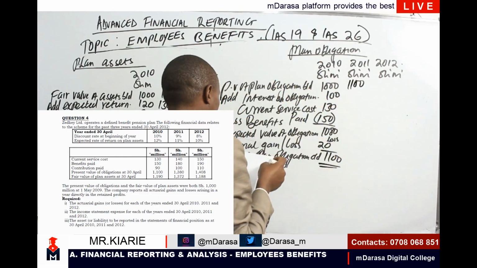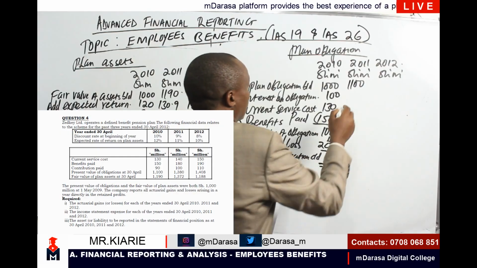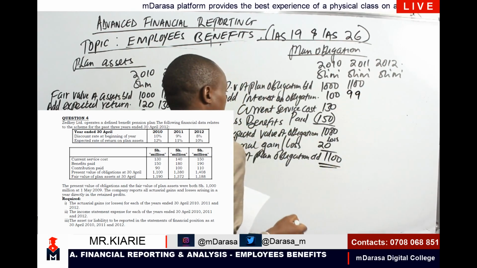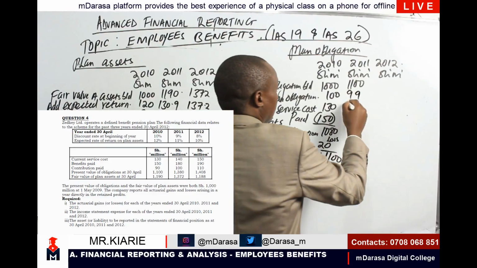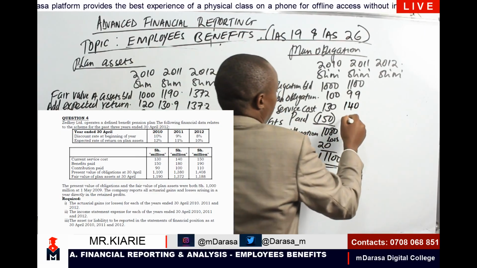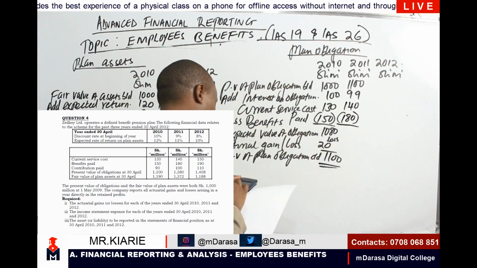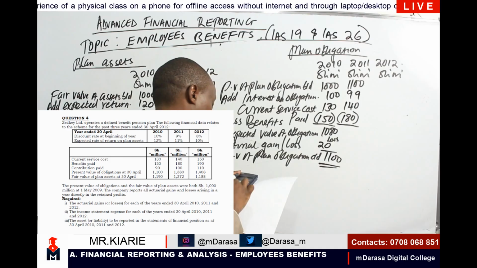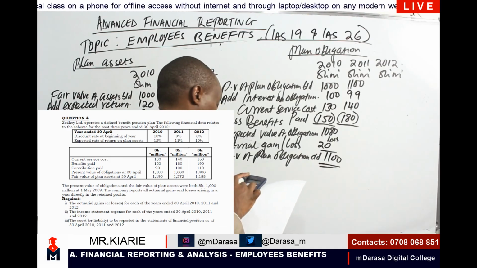Rate of interest in 2011 was 9%. 9% of 1,100 is 99. Current service cost for 2011 is 140. And the benefits paid in 2011 were 180. And therefore, our expected value of plan obligation in 2011, I add them together and I subtract 180.